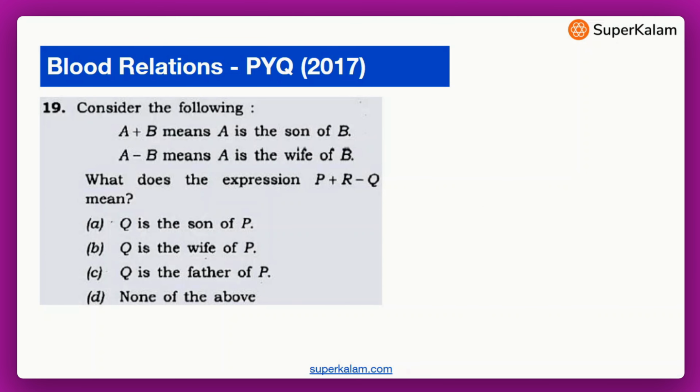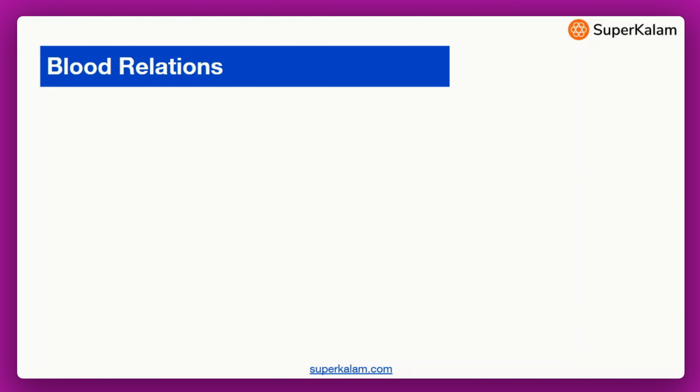Before starting the PYQ of blood relations, first I have to just mention how to structure the problem, how to approach these problems. You can easily solve these questions through mapping, if you create a family tree or a family map.